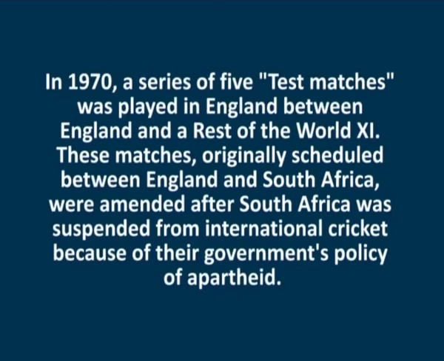In 1970, a series of 5 Test matches was played in England between England and a Rest of the World XI. These matches, originally scheduled between England and South Africa, were amended after South Africa was suspended from international cricket because of their government's policy of apartheid.